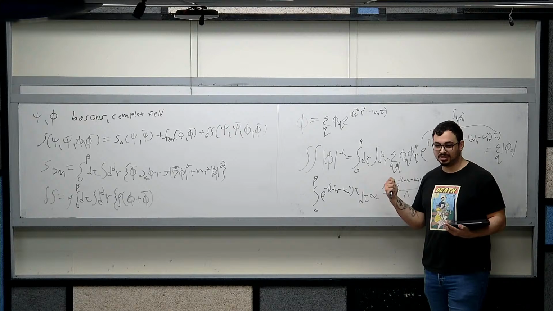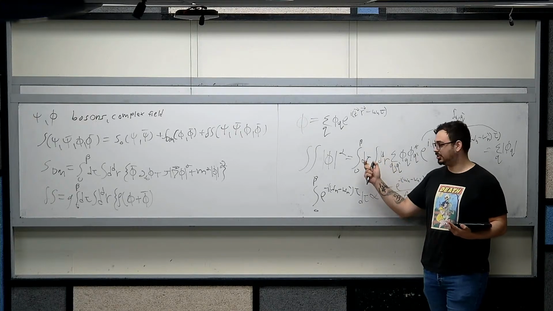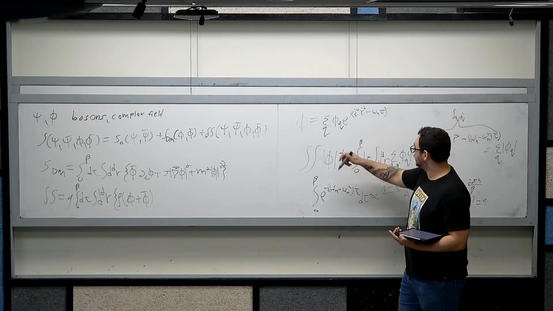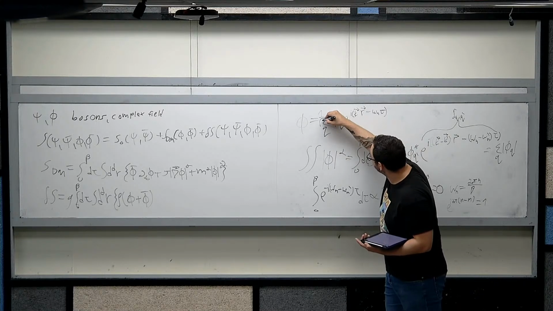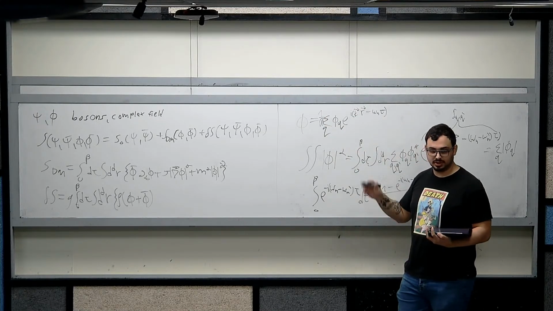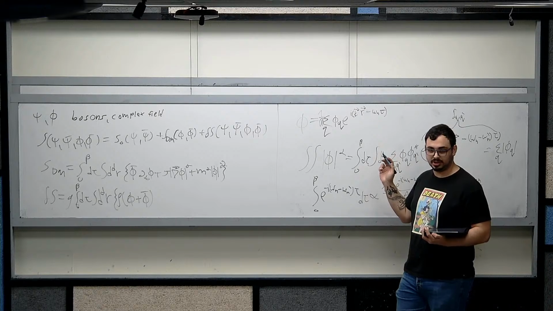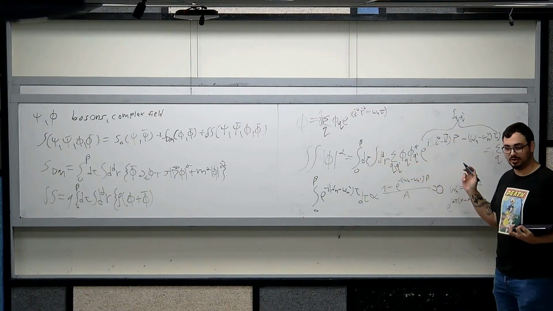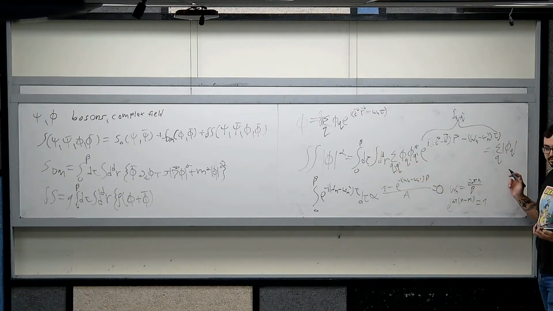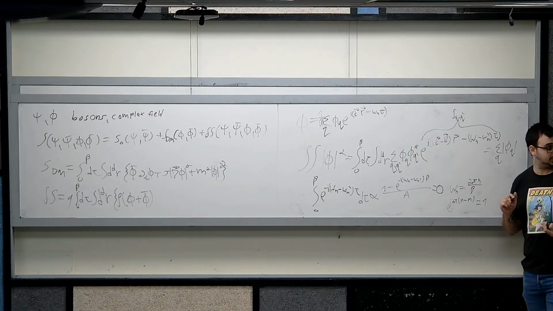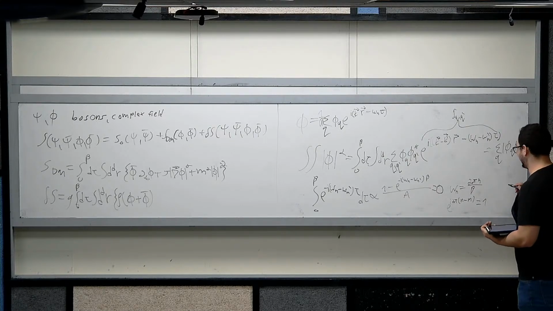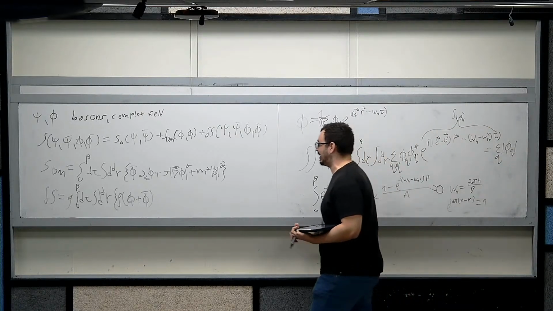This is the convention that I talked about before. There should be 1 over square root of beta here, but I'm just ignoring the normalization factors. If you'll allow me. Sure.